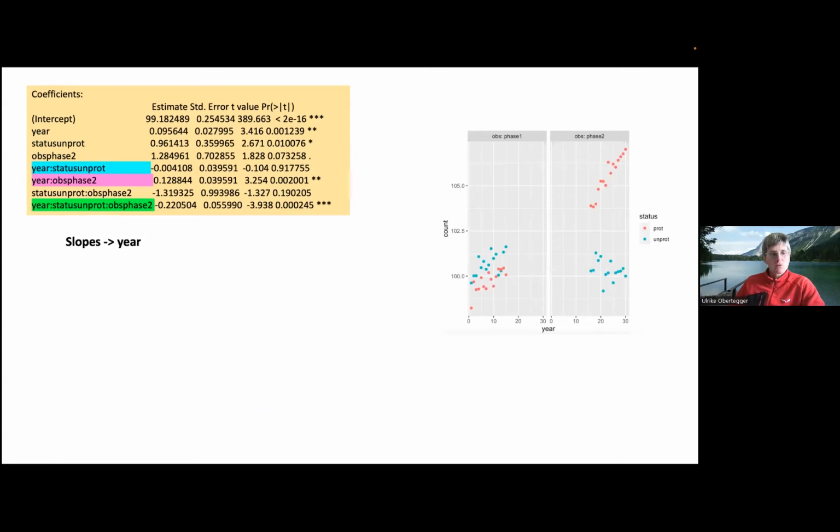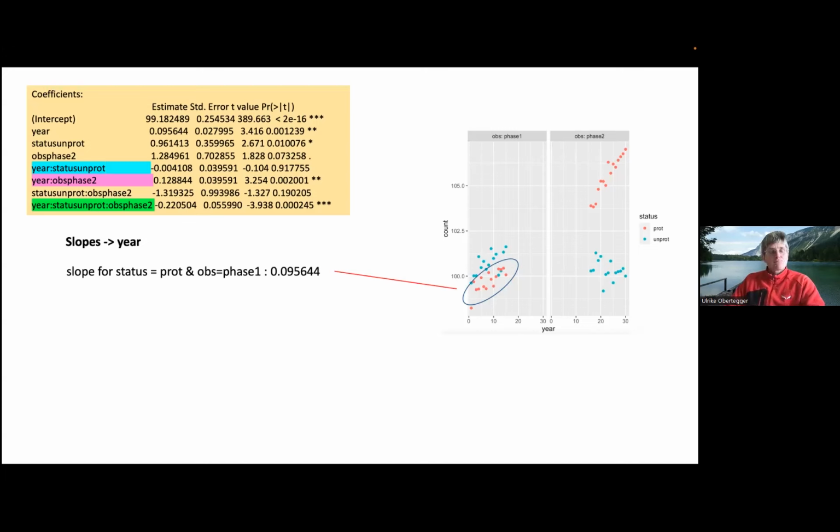The slope is indicated by year, and this is the slope for our baseline model. And the baseline model is again the red one, status protected, phase 1, and everything for the slope is now again reported with respect to the baseline.